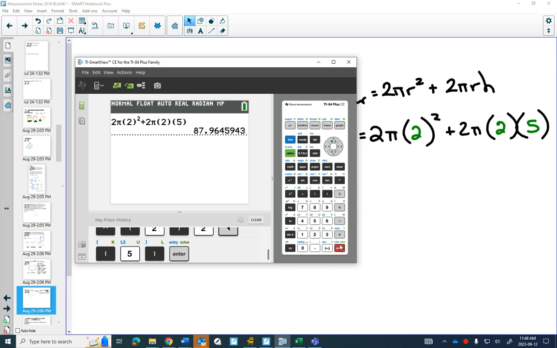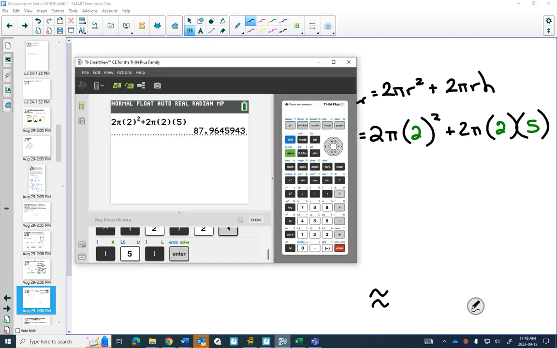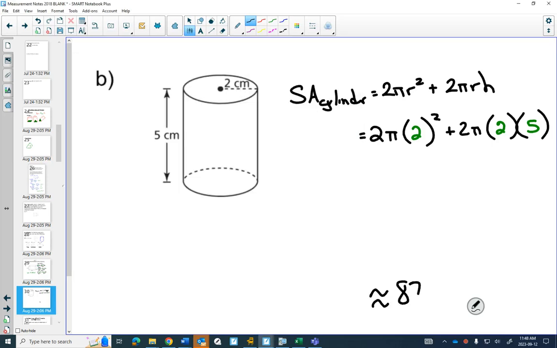And the calculator is smart enough and knows what it's doing and can do all of those calculations. Okay? So this gives me an approximated answer. I'm just going to write it at the bottom because I do want to show you something else with this question as well. 87.96.